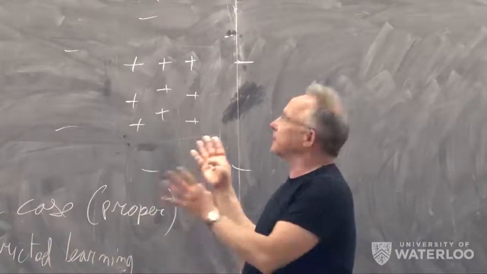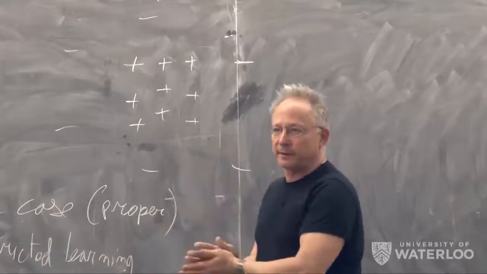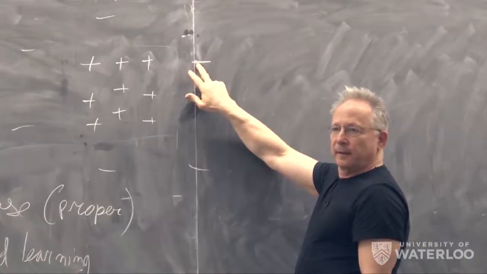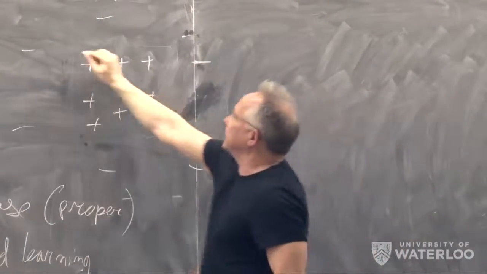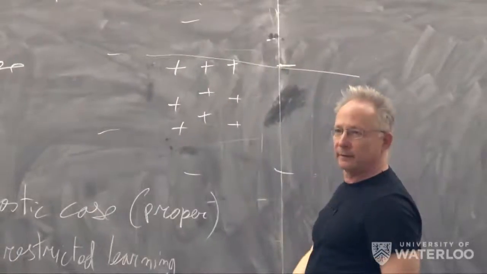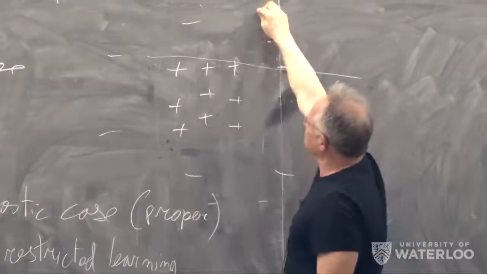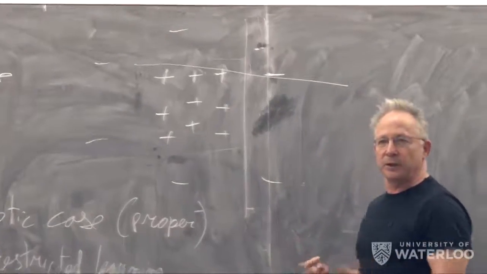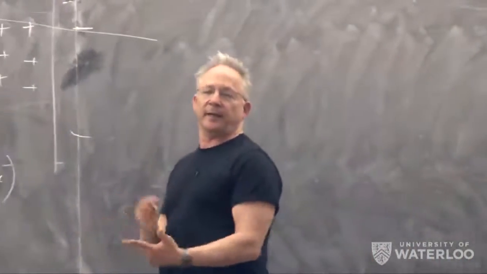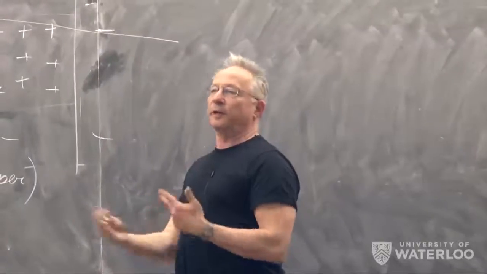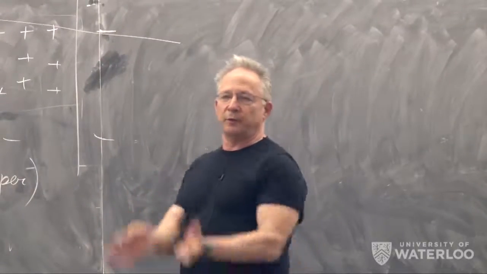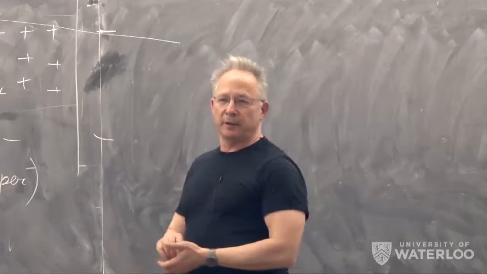So in R2, it's not very difficult to check all possibilities. But in higher dimension, the problem is when I see a minus, it could be that this is a minus because I needed to put this line here. And it could be that this is a minus because I needed to put the line here. And when it's a high dimension, making those choices becomes combinatorially very complicated. I have to go over all possibilities, which kind of forces me into exponential indeed.